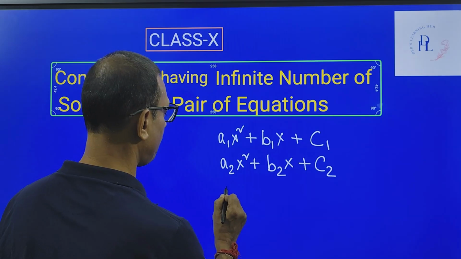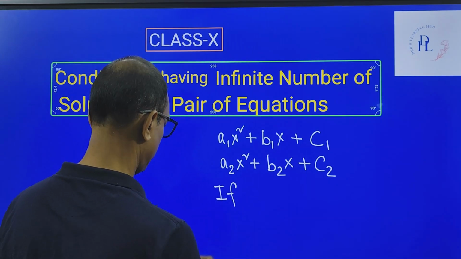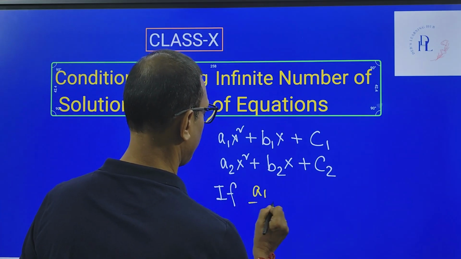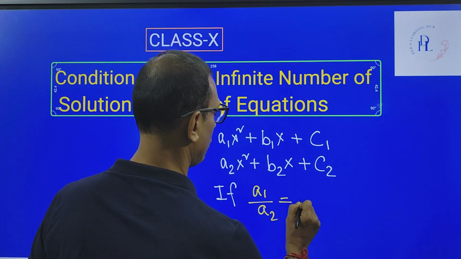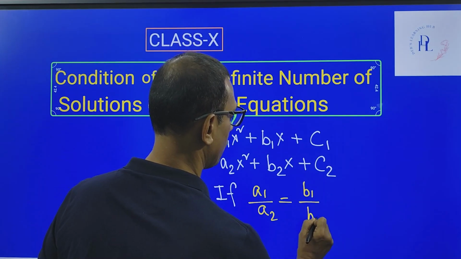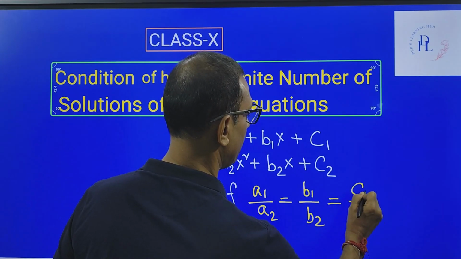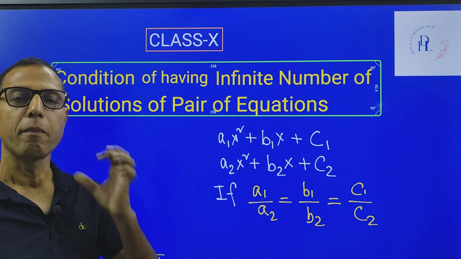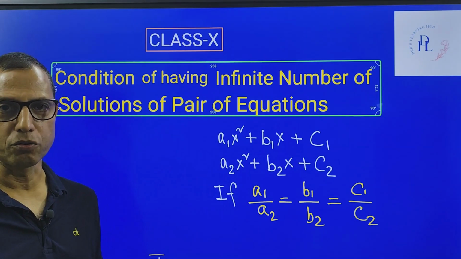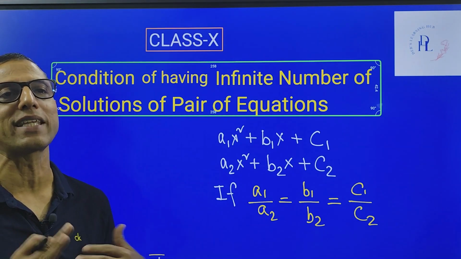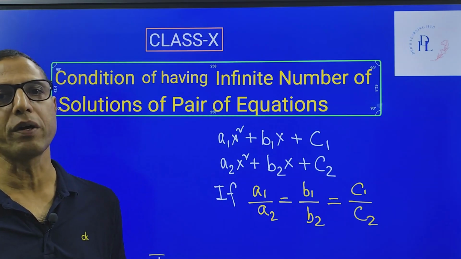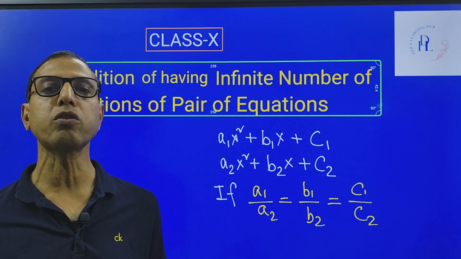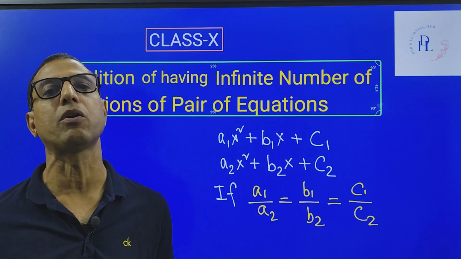That means if a1 by a2 equals b1 by b2 equals c1 by c2, if that is how it happens, then both of these equations have infinite number of solutions. That means both of these equations are exactly same. When two equations can have infinite number of solutions, when both the equations are representing the same equation actually.